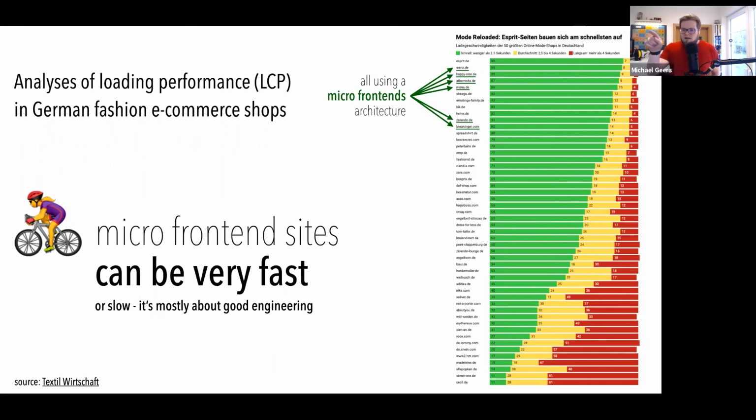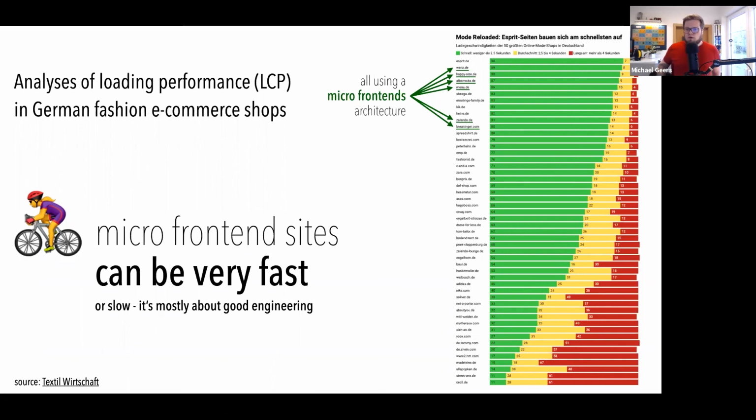And what I've highlighted on the right side is that of these 50 e-commerce systems, I know of 6 of them, maybe there are more further down, that have been built with a microfrontends architecture.